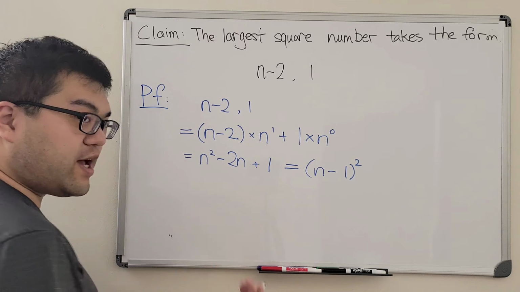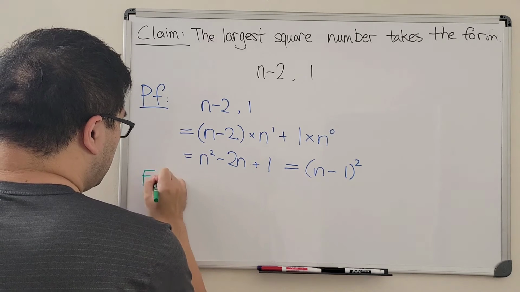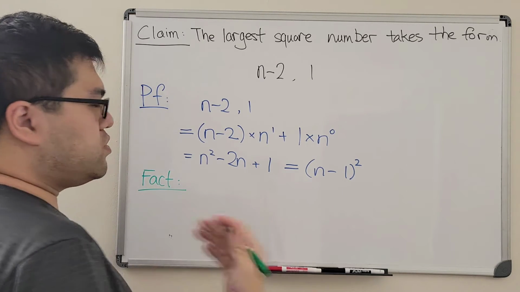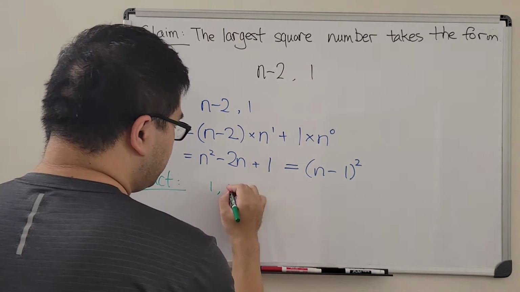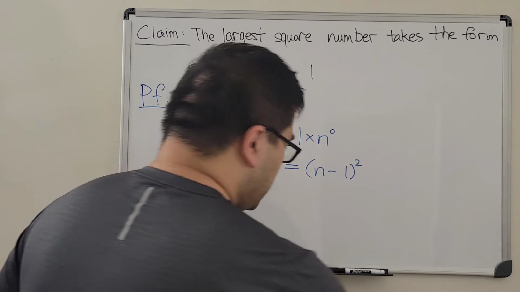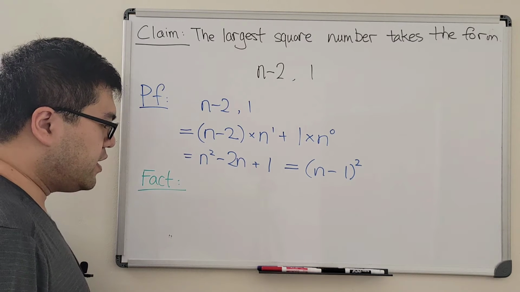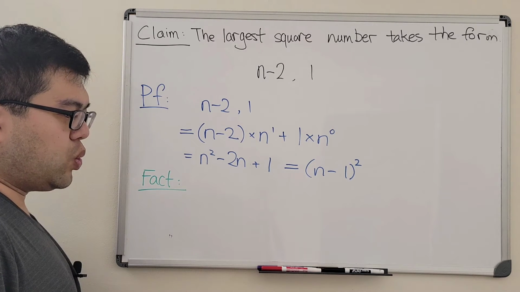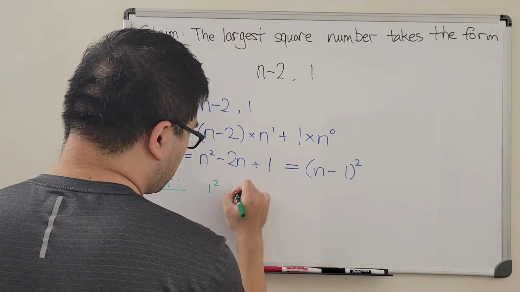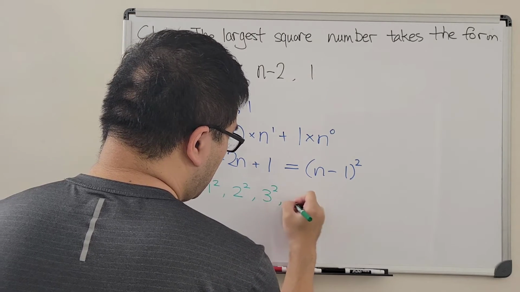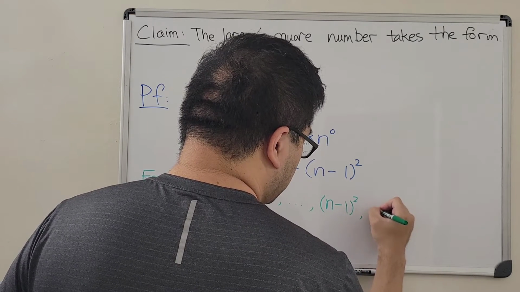Well, we know that we can list out the square numbers in increasing order, starting from 1 squared, all the way up to n minus 1 squared and n squared.